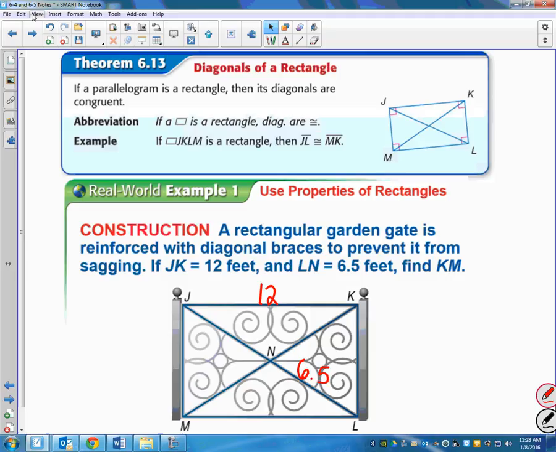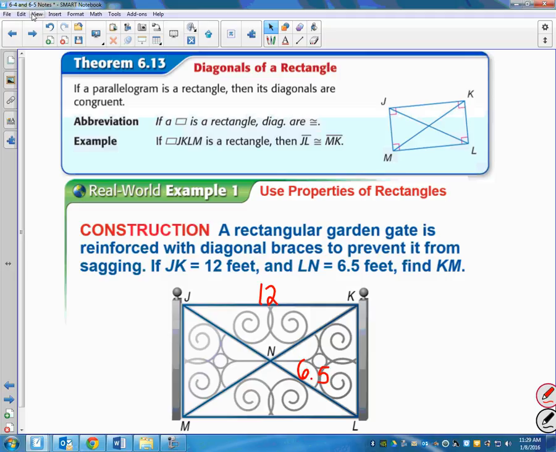Here, let me redo Garrett's question in case you didn't see. So in a rectangle, if they cross like this, Garrett says, are we saying that this side and this side is the same as this side and this side? It is what that theorem says in addition to what we already know about parallelograms, right?